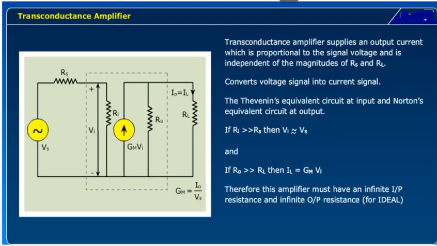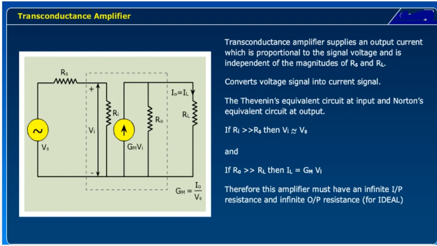Next we'll go with the transconductance amplifier. The transconductance amplifier supplies an output current which is proportional to the signal voltage and independent of the magnitudes of the source resistance Rs and the load resistance RL. So it converts a voltage signal into a current signal. This circuit represents the Thevenin's equivalent circuit at the input side and a Norton's equivalent circuit at the output side.